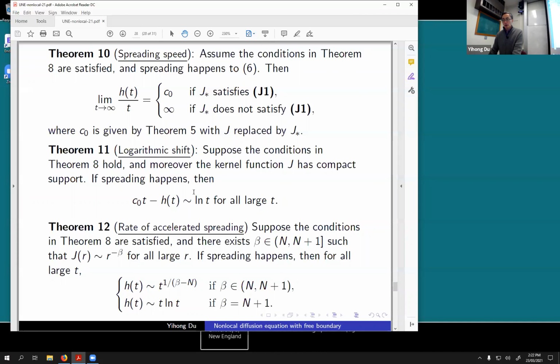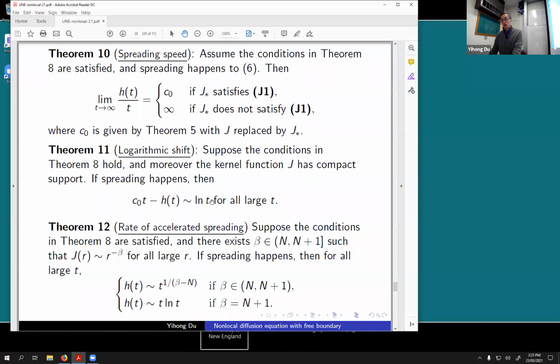We also looked at a sharper estimate than this one. The first case we looked at is where we have a finite speed. A typical situation is when J has compact support, then J1 is definitely satisfied. And we found this difference is unbounded.